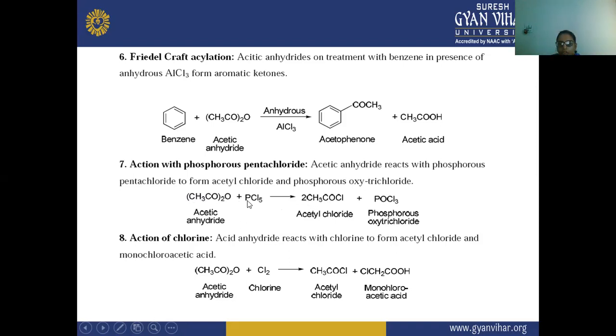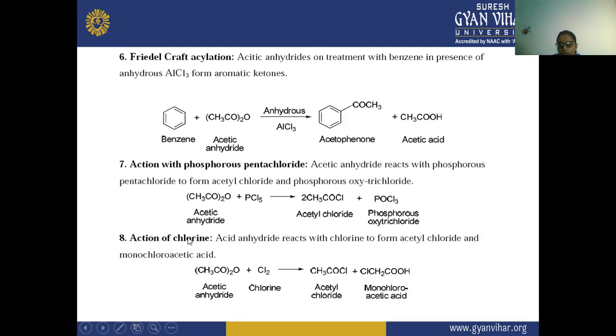So two Cl are removed from here, and they will react with the CH3CO, and after that this oxygen is remaining, and this oxygen will react with POCl3. So POCl3 is formed here. So here acetic anhydride is reacted with PCl5, and there is the formation of acetyl chloride plus phosphorus oxytrichloride.